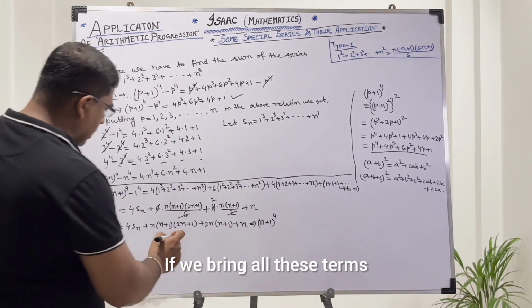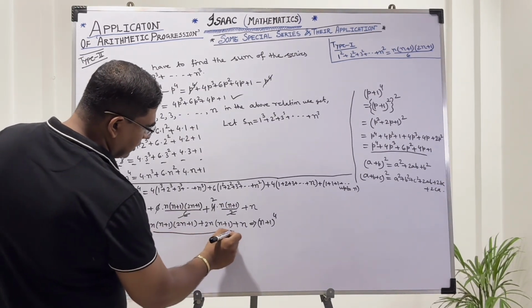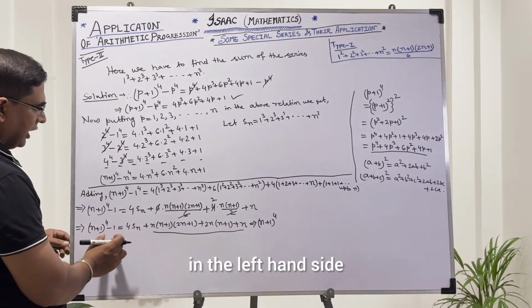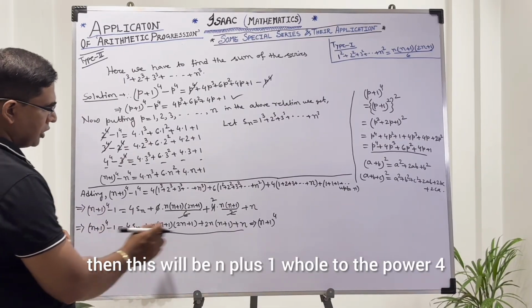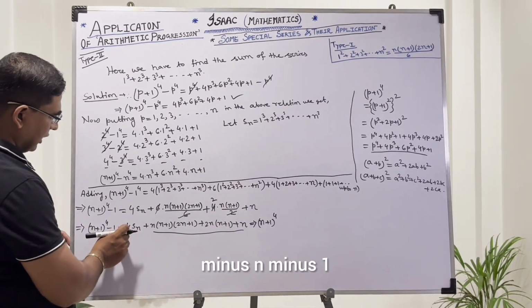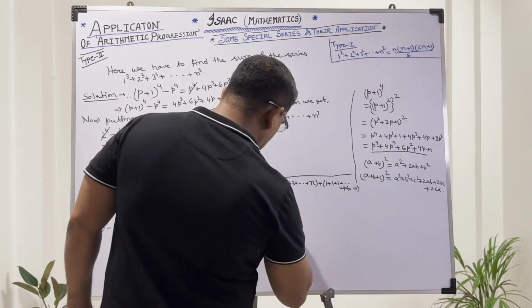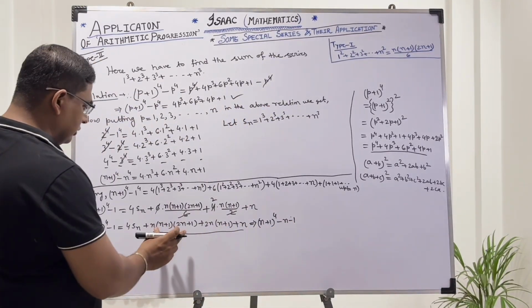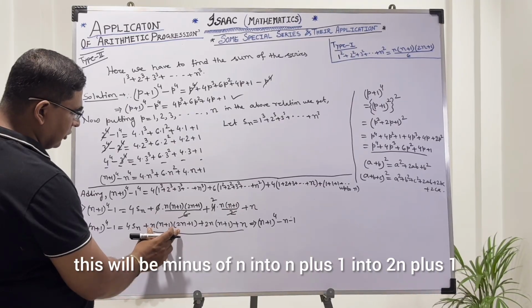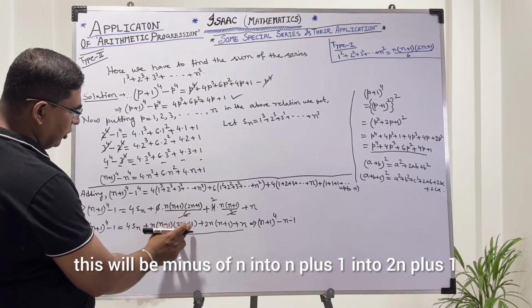If we bring all these terms to the left hand side, then this will be (n plus 1) whole to the power 4 minus n minus 1. This will be minus of n into (n plus 1) into (2n plus 1).